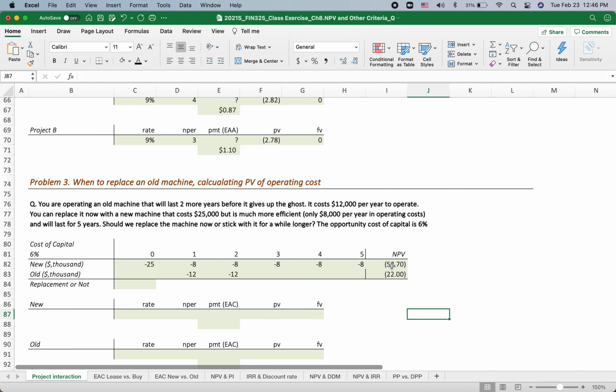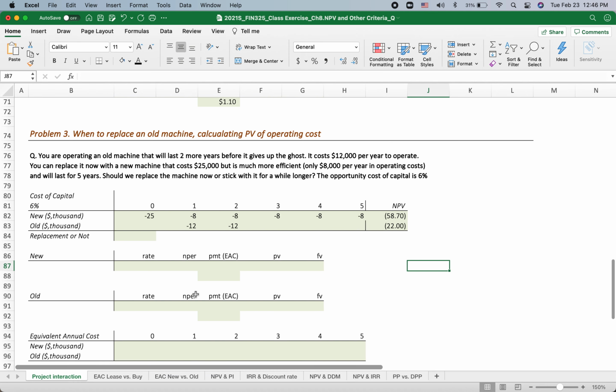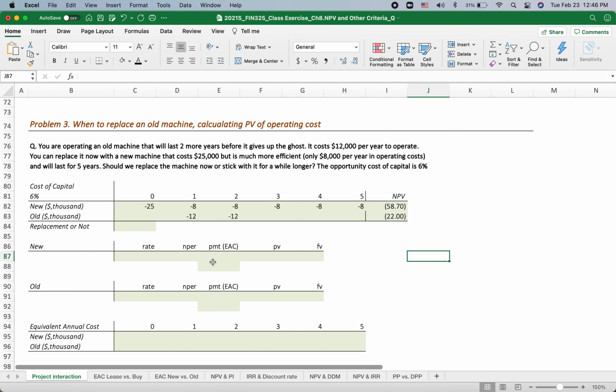But if we use this number as an NPV of the total cost, it's not comparable because the new machine has a different lifespan, right? So we need to recalculate the new machine's equivalent annual cost. So 6%, 5 years, and then present value. I want to put present value 58, and then future value.